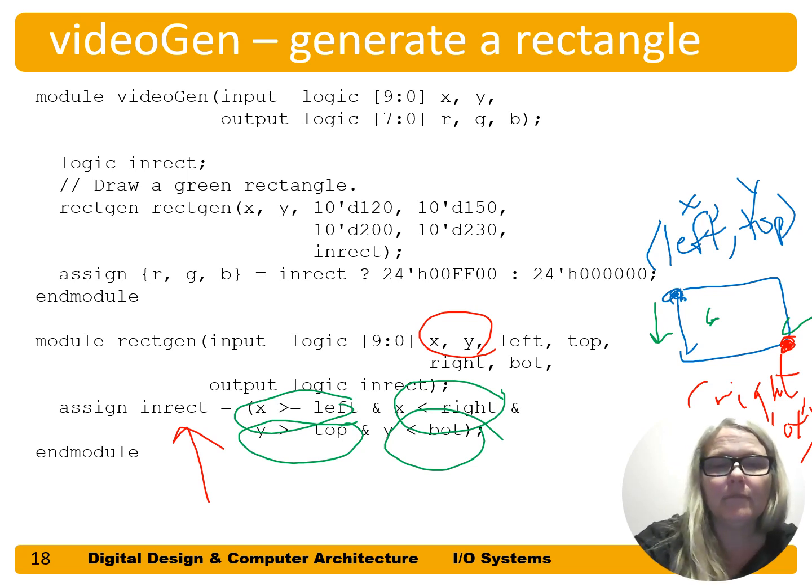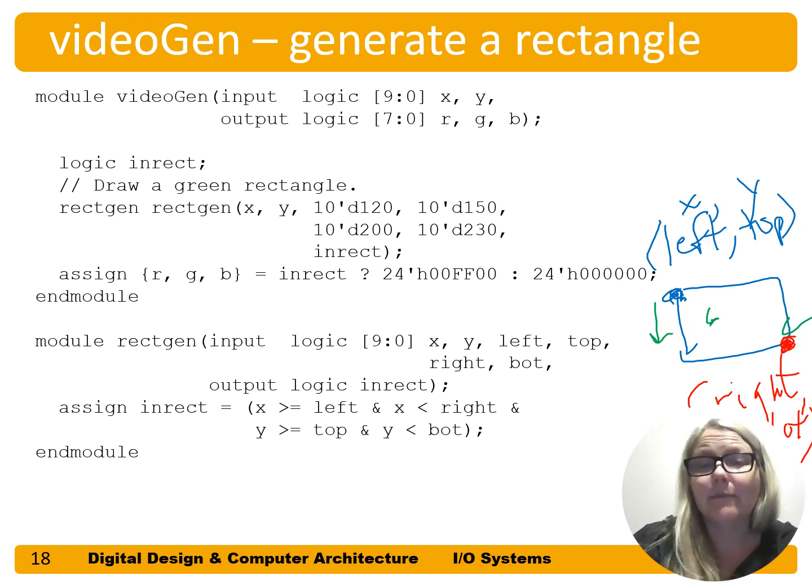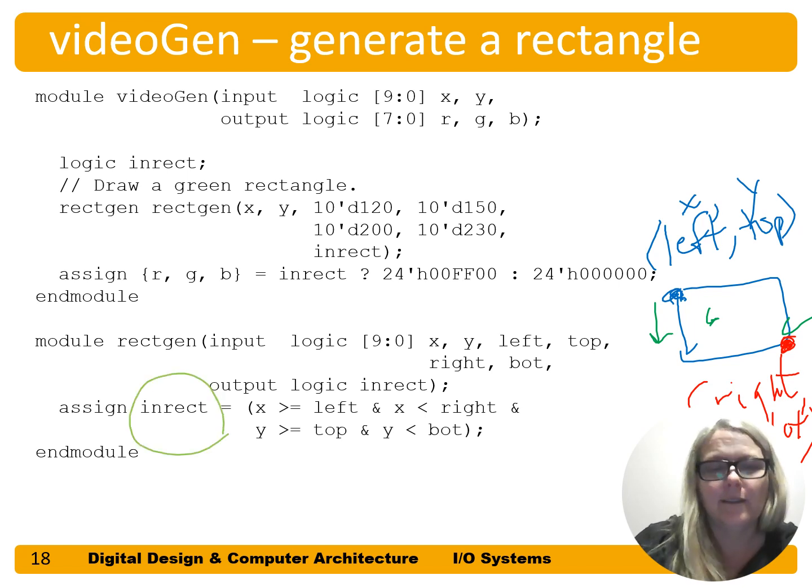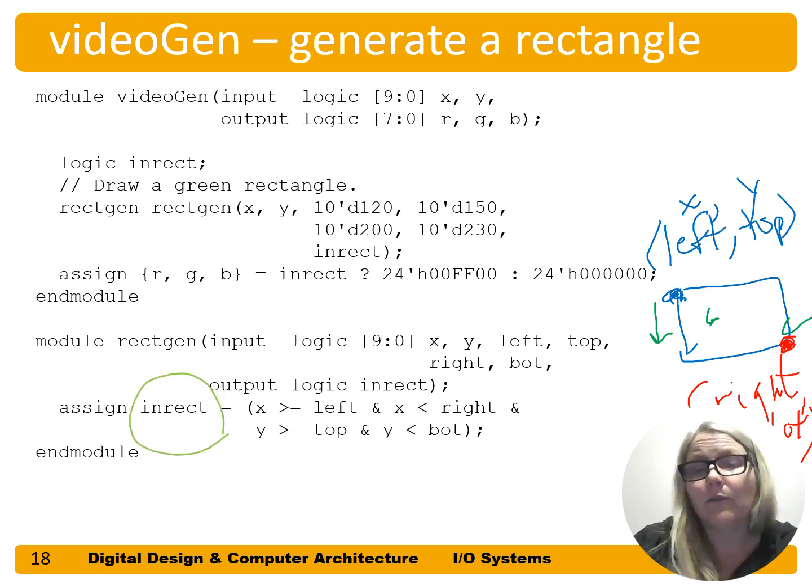So this recgen module is asserting this signal that says you're either inside, in rect is 1, the rectangle you want to draw, or not, if in rect is 0.